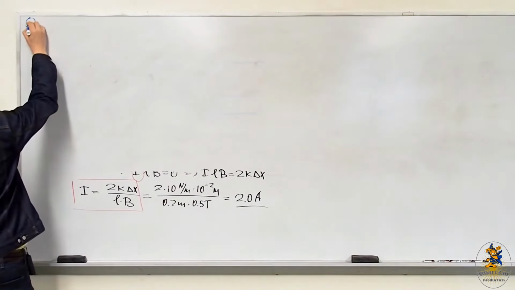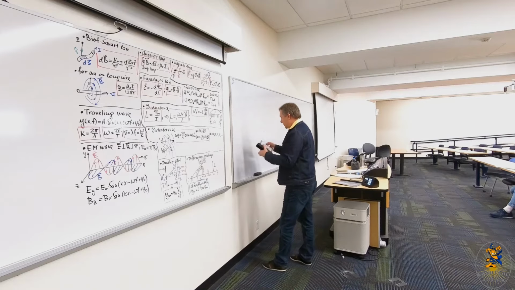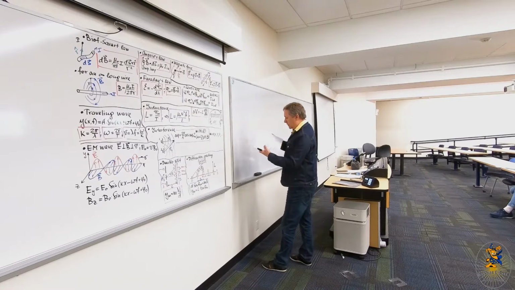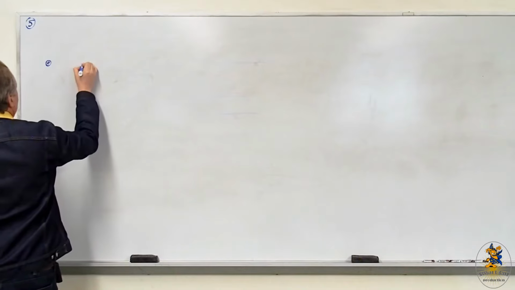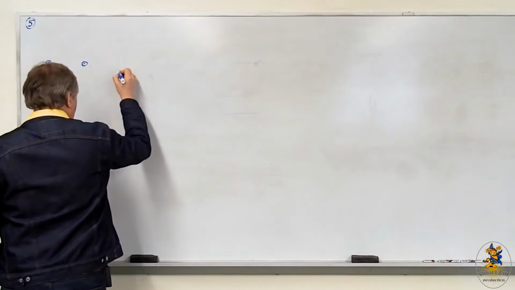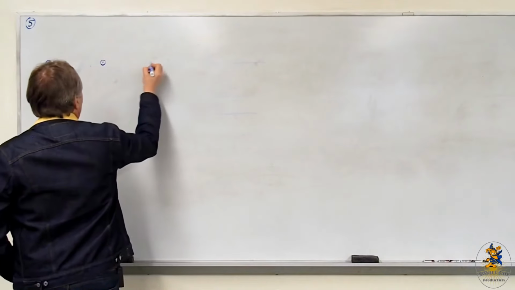So that's 5. Conceptual questions. So let's say we have this uniform magnetic field.